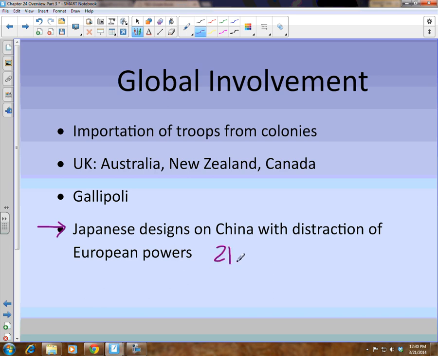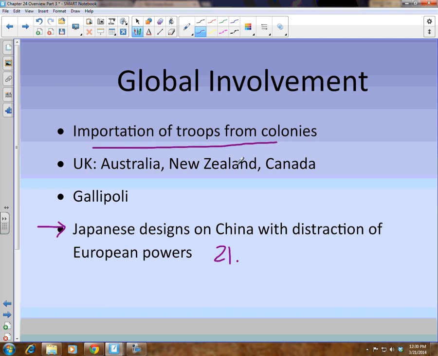German colonies in Africa, like Togoland, German Southwest Africa, German East Africa, and the Cameroons, became a target for the English and the French. And like I said before, these troops came from these colonies.